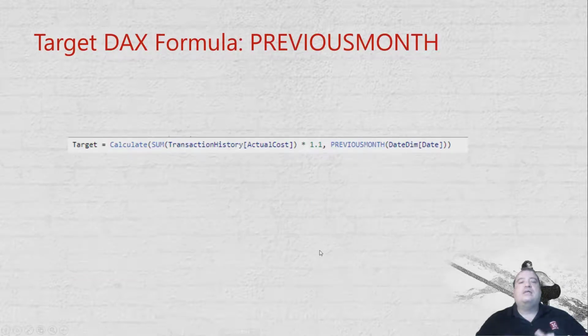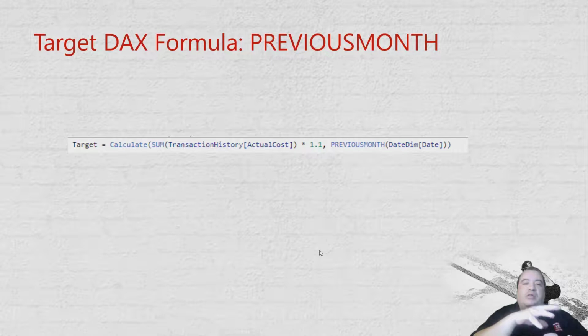And finally, the DAX formula to define the target. For example, I'm using the previous month on this DAX formula to get the total sales from the previous month and multiply by 1.1. It means 110%.